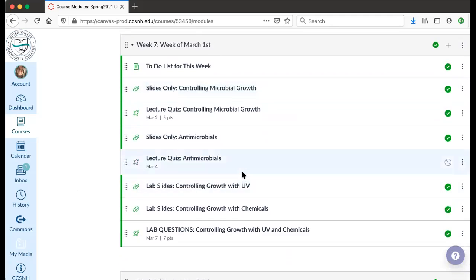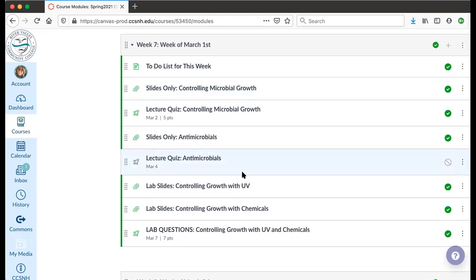Looking ahead to next week, I can't believe it, but we're into March next week. Next week, we're going to talk about how we control the growth of microbes. This week, it's kind of about how they grow. And next week, it's about how humans have learned to control them. And of course, we use lots of different physical methods to control the growth of microbes in our lives.